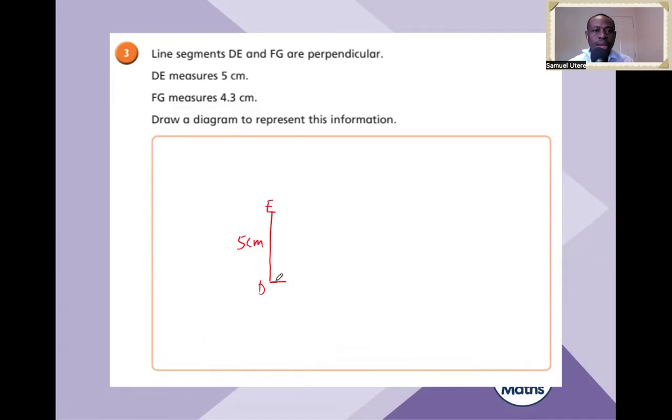And then I would extend it because FG is a separate line segment from this. So I would then mark F somewhere here and G somewhere here, and make sure I measure a line segment that is exactly 4.3 centimeter. So that would form your 90-degree perpendicular point. So that is what it should look like.